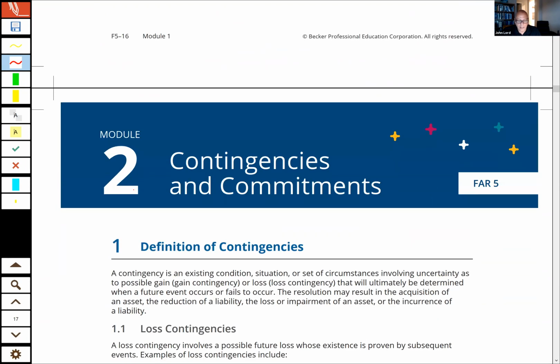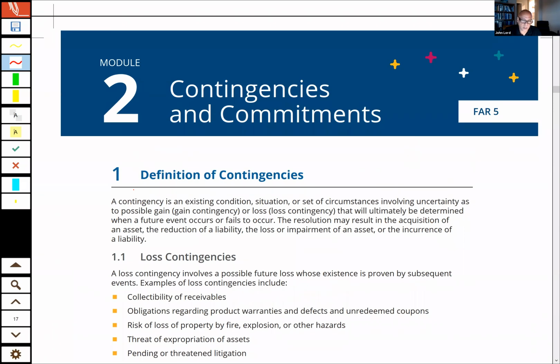Okay? All right, let's talk about contingent liabilities. Basically, what GAAP says is in order for you to book a liability, credit a liability, debit a loss, we have to have a probable loss and we have to be able to estimate the amount.